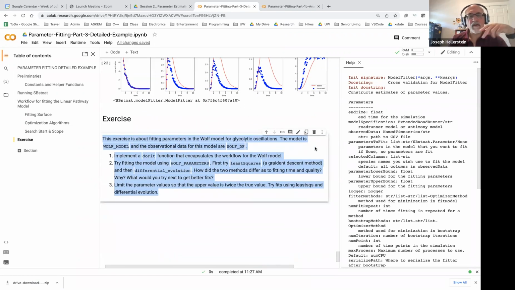So this exercise, which you may want to explore depending where you are, is basically to repeat the process we had above for the linear pathway. Do this for the wolf model. It's going to be a little bit more involved because there are more parameters. You may want to consider a subset of the parameters, but you have the data and the techniques available to you.